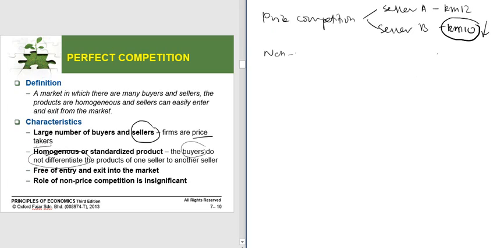Non-price competition is any other type of competition other than price. For example, advertisement, or you can sell a product with a different quality, or you can also compete in terms of after sales service.